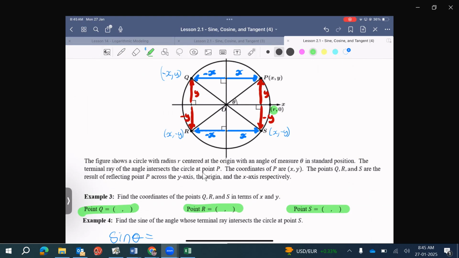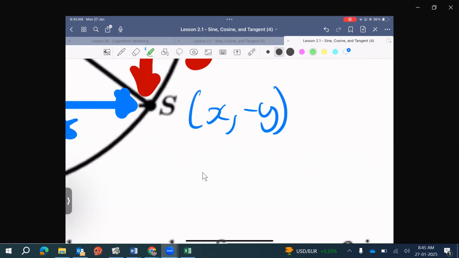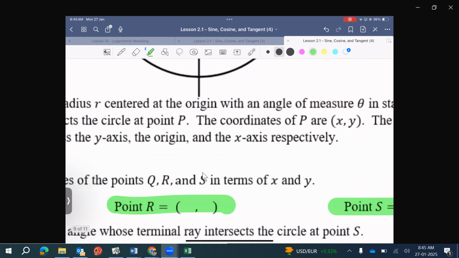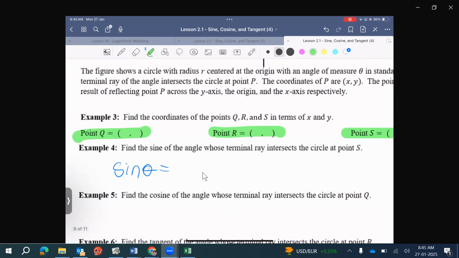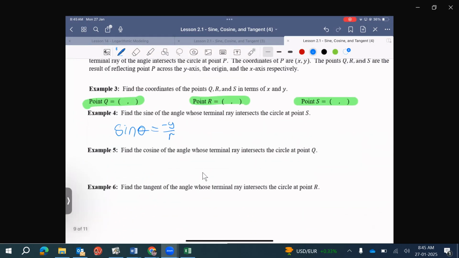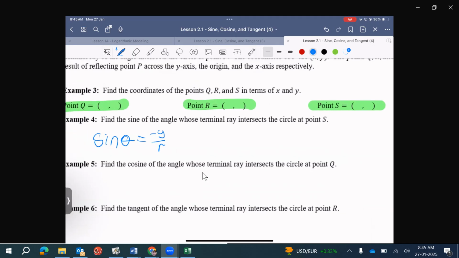The sine value at S is which one of these two? -y, but we have a circle dilated by R. So how do we adjust that to get the sine value? Divided by R. So this is -y/R.